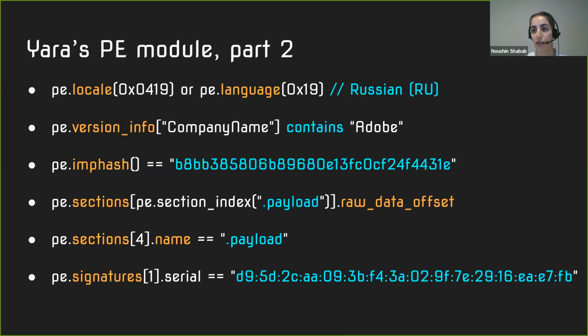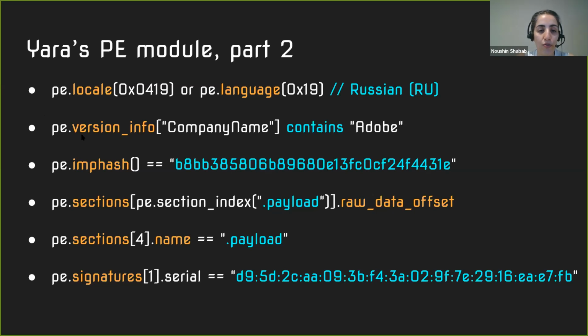These values are left inside some of the resource entries and can be used for our benefit in the YARA rules to make sure that we are catching files that are written and compiled on, for example, a Russian operating system or a Chinese operating system, or an English version of an operating system.